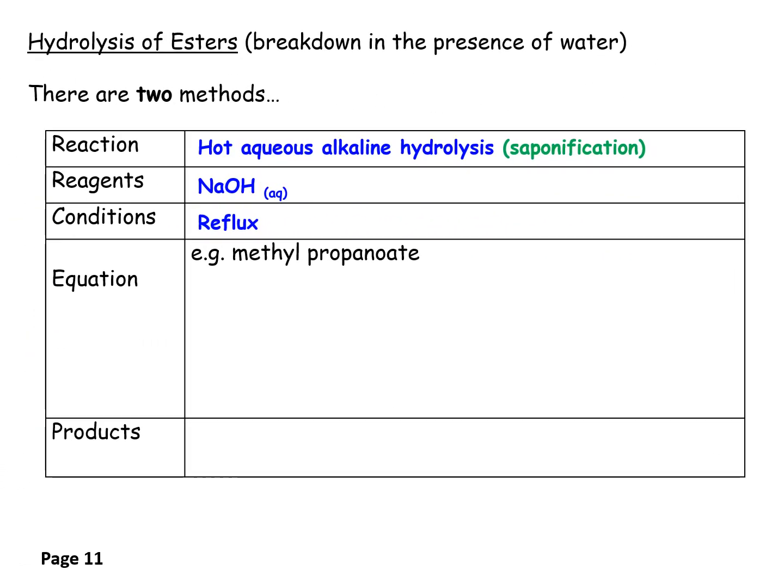So if you're asked for the products of hydrolysis of an ester, you need to check which catalyst it is, acid or alkaline. If it's alkaline, you end up with the salt of the carboxylic acid and the alcohol. So just back to that saponification, that's the traditional name of the process of this reaction. And this is actually making soap.